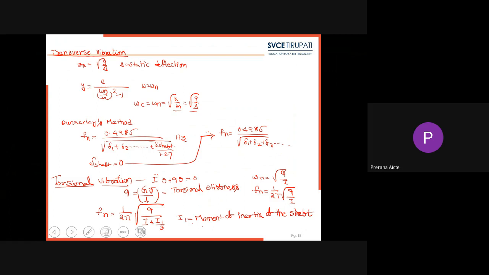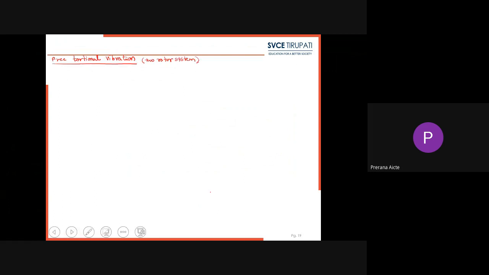Then we'll move on to the free torsional vibration for a two-rotor system. I'll draw a diagram so you will understand what it is. This is the center of the two rotors. I'm just talking about the two-rotor system.